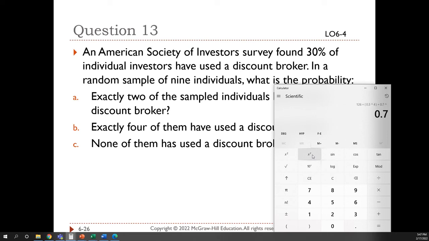This one gets raised to, again, the total number in the sample, 9 minus what we're looking for, which is 4. So it's going to get raised to the 5th power. So it's going to be 0.17153. Or if we're rounding for just 0.1715. Again, not trying to be overly complicated. It's just a long formula.